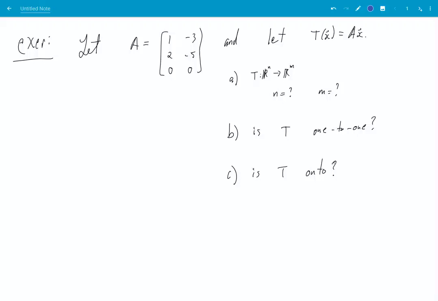Okay, I want you to copy down and try this exercise. So, pause, copy. Try. Okay, here we go. The answers are: n is 2, n is 3, B is T, 1 to 1.